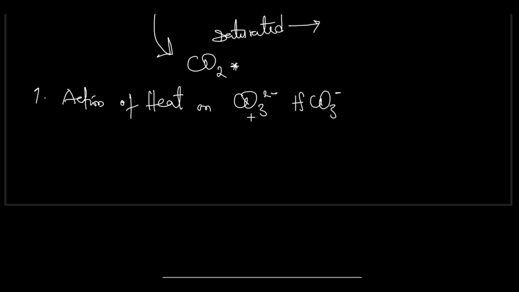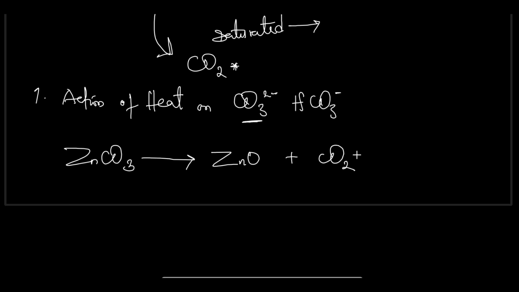Alright, so when you heat a salt containing carbonate, it gives you carbon dioxide gas. For example, this is zinc(II) carbonate. Once you heat this salt, it will decompose to give you zinc(II) oxide and carbon dioxide gas. So this carbon dioxide gas can be identified using calcium hydroxide, which is your lime water.